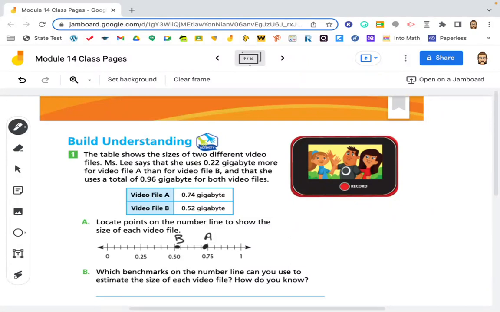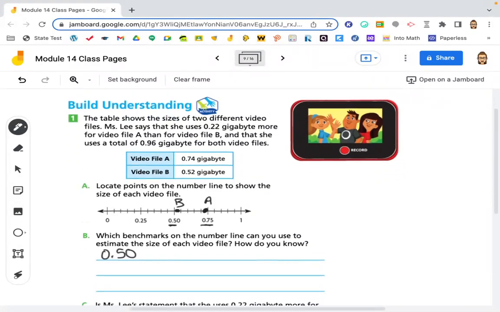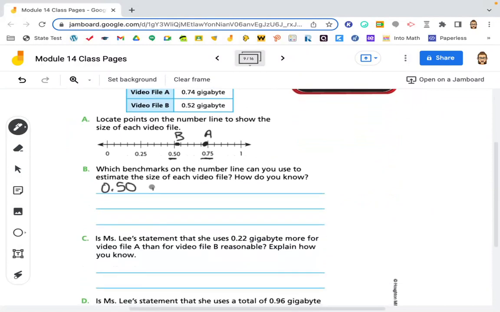So it says, which benchmarks on the number line can you use to estimate the size of each video file, and how do you know? Well, if we look, our benchmarks are right here, so we would use those two. So we're going to have 50 hundredths and 75 hundredths.